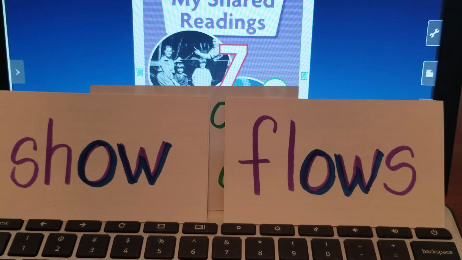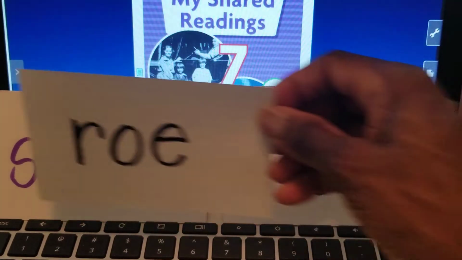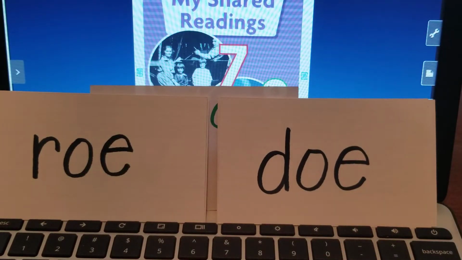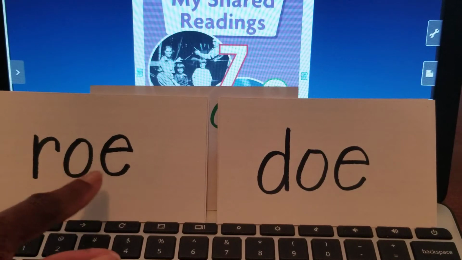Okay, now let's add some new words. Let's use our understanding of the long O spelling, and let's go back and look at some new words. Remember, OE says O, so this would be row.